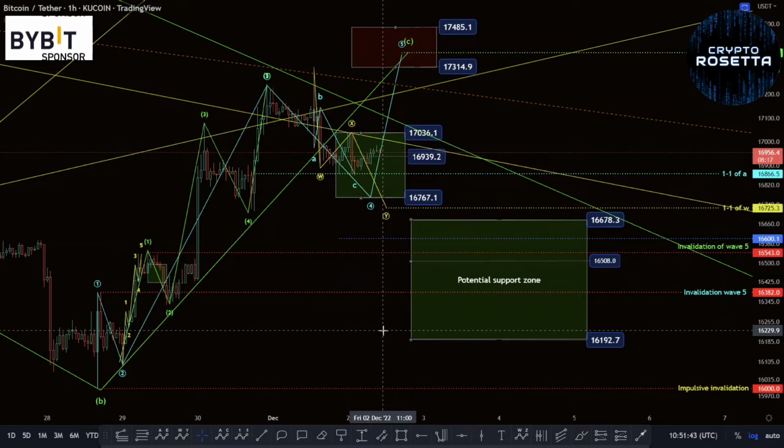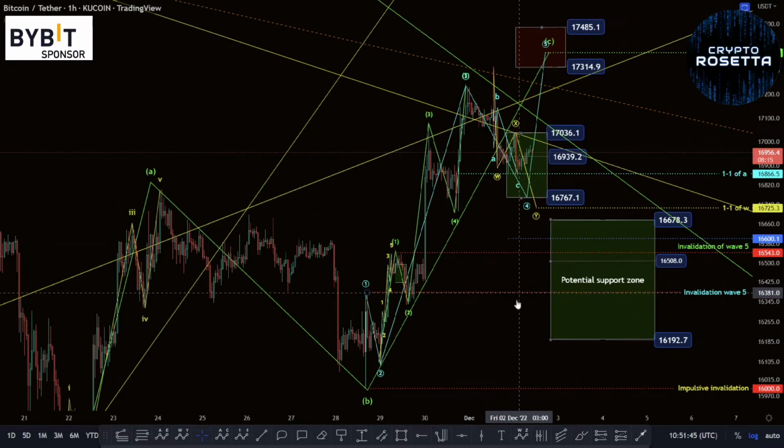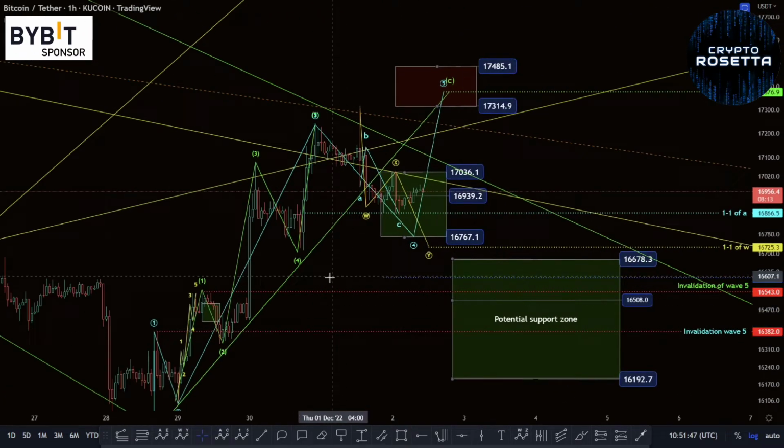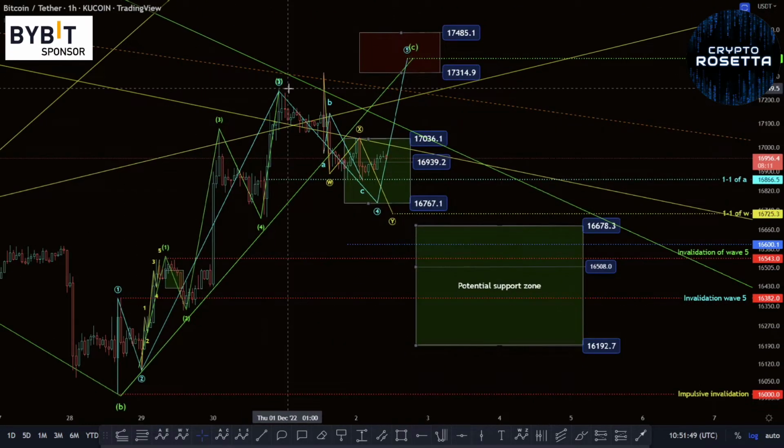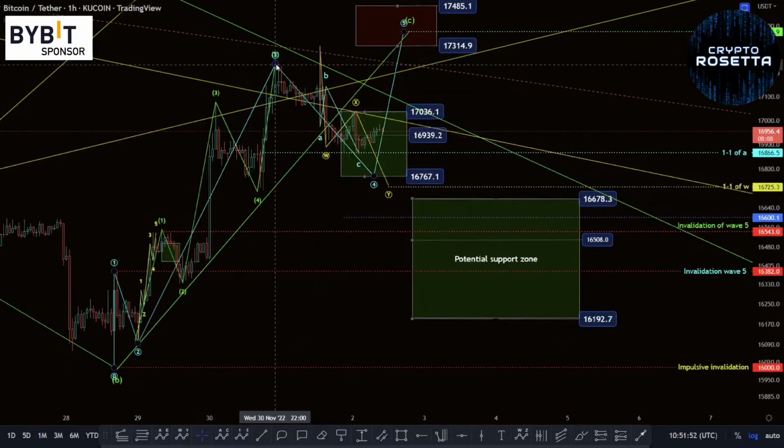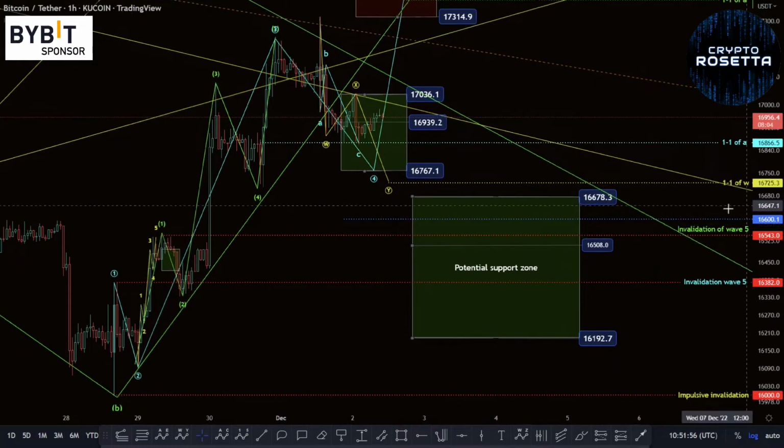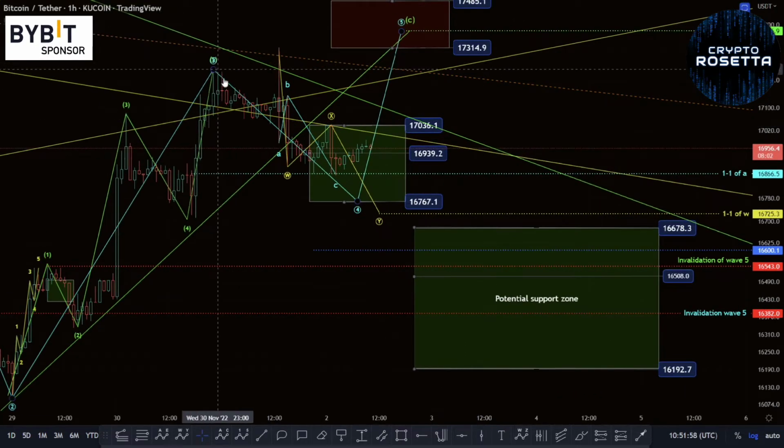Okay, so let's have a look at Bitcoin. So we were initially tracking this as a third wave extension within this move here, and I wasn't expecting this bounce up here. So there's two possibilities.